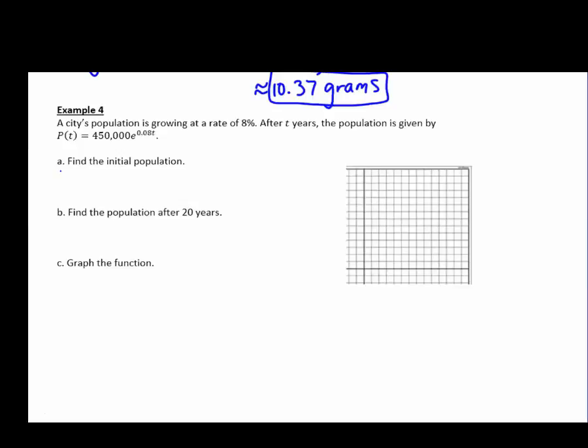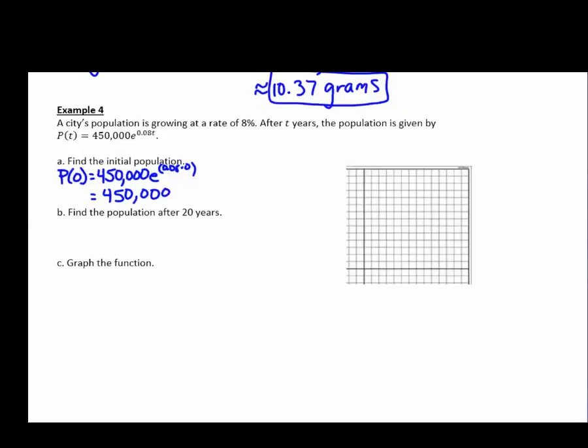So again, T equals 0, so we're finding P of 0. So we have 450,000 times e to the power of 0.08 times 0.